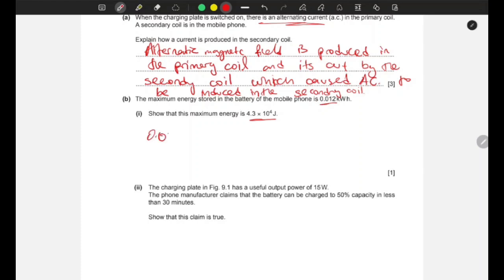So 0.012 times 1000 to change it to watt hour would just give us 12 watt hour. Now we have to convert this hour to seconds. So it's going to be 12 times 3600 seconds. So that would just give us 4.3 times 10 to the power 4.